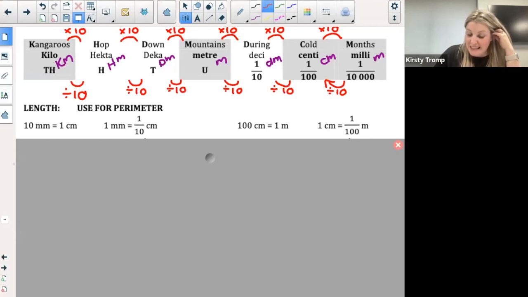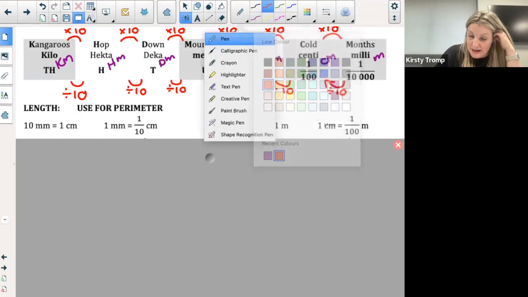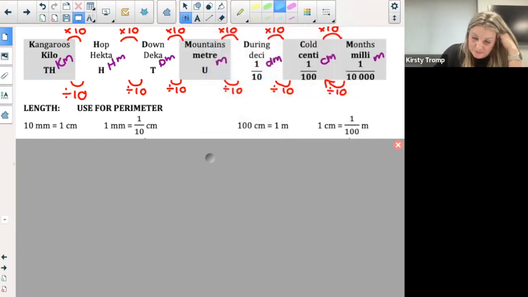If I'm at centimeters and I want to get to meters, what do I need to do? I need to divide by 10 and then divide by another 10, which is the same thing as dividing by 100.